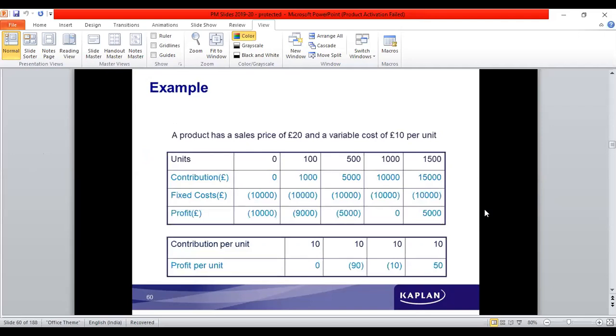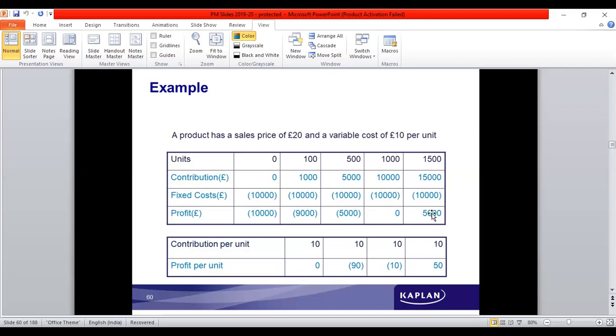There is a tabular form in which it is presented as the number of units keeps increasing. The contribution also increases proportionately because sales and variable cost increase proportionately. From that, fixed cost is deducted. We see that initially there is loss, until a point where contribution and fixed cost become equal. That is the point where there is no profit, no loss, the break-even point.